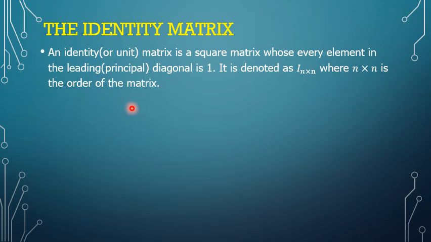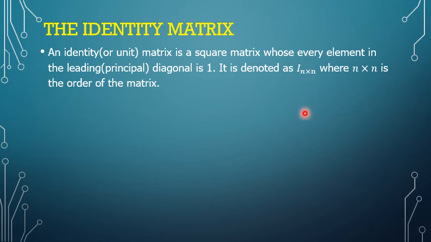The principal diagonal goes in a diagonal way. It begins with 1, then every other entry becomes 0 for that row. Then again, it begins with 0, then 1, and then the same thing. We denote the identity matrix as I n times n, where n times n is the order of that matrix.